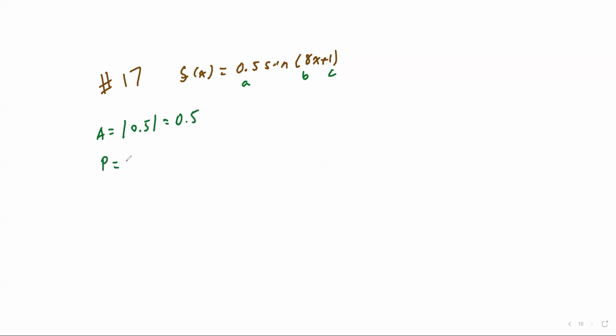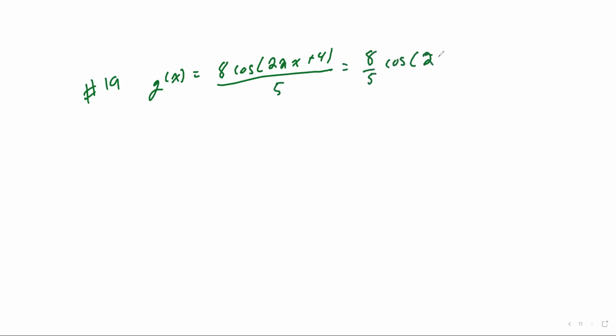My period would be 2 pi divided by 8, which in this case becomes pi fourths. And then my phase shift will become 1 divided by 8. And because it's positive, it would shift left. All right, let's look at number 19.